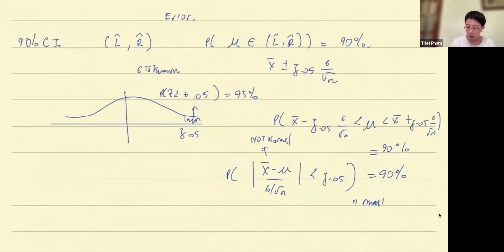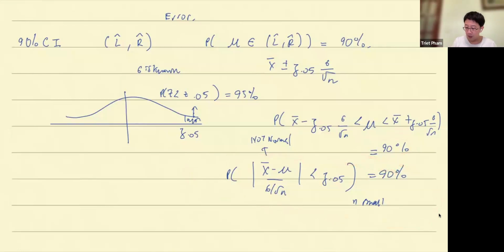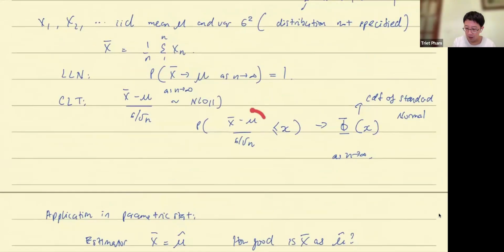In some way, people will still form this anyway because they have nothing better to do. But this should not or may not be 90%, and this is probably called the abuse of the central limit theorem. What do people have in mind when they quote this? They have in mind that asymptotically, this is normal.